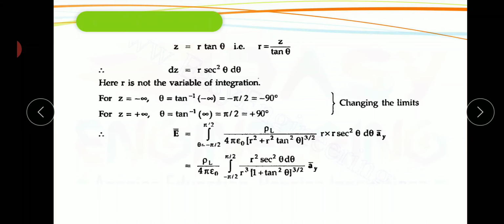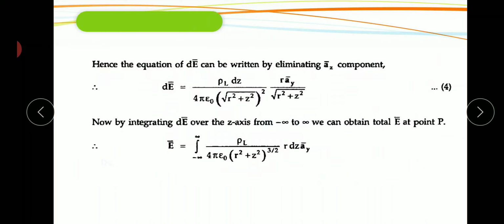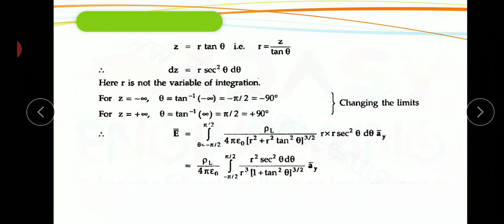Squaring on both sides, z square is equal to r square tan square theta. Now in the formula (r square plus z square) whole power 3 by 2, we have to substitute z square as r square tan square theta, and also dz, which is r secant square theta d theta.